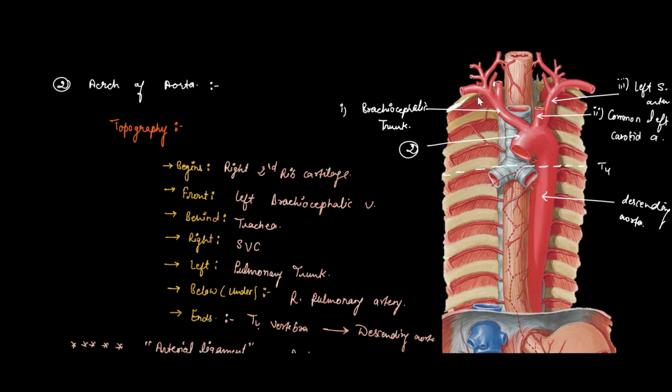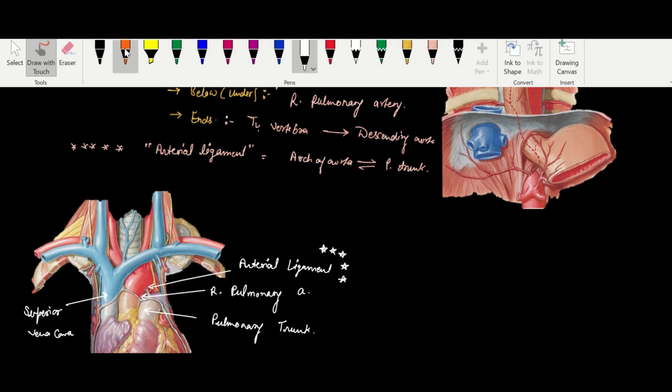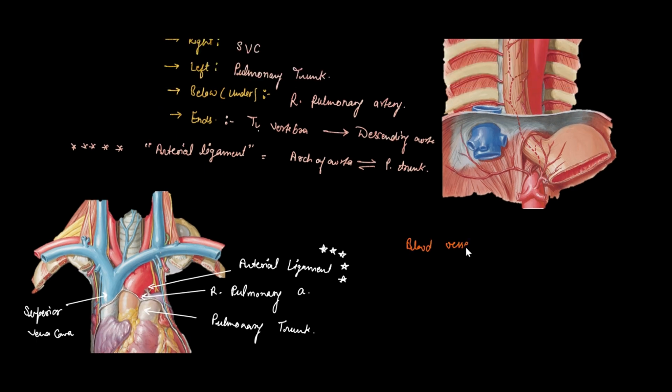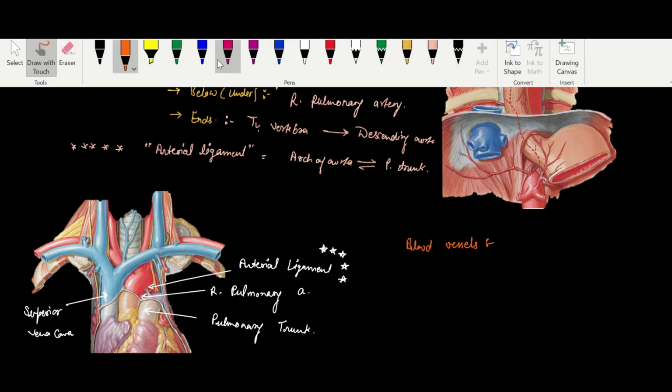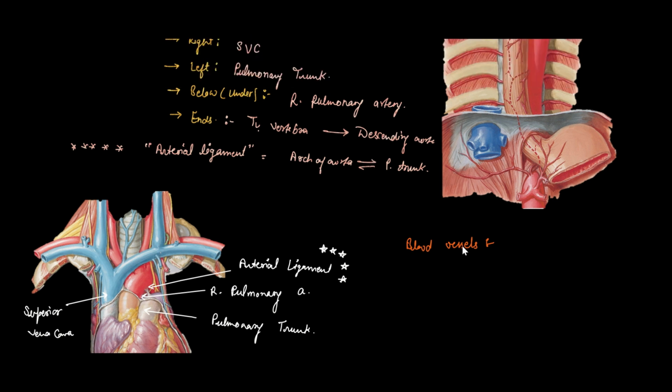So, the blood vessels which arose from the arch of aorta we studied. The first one was the brachiocephalic trunk, which was present on the right side. We are moving from right to left.